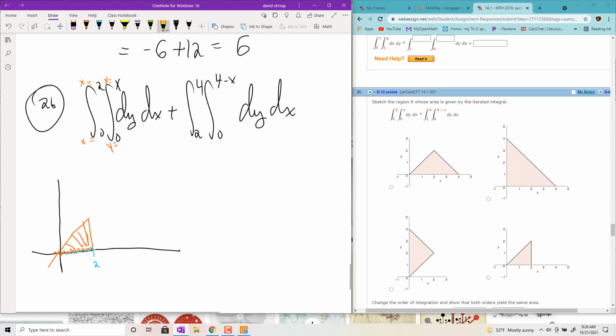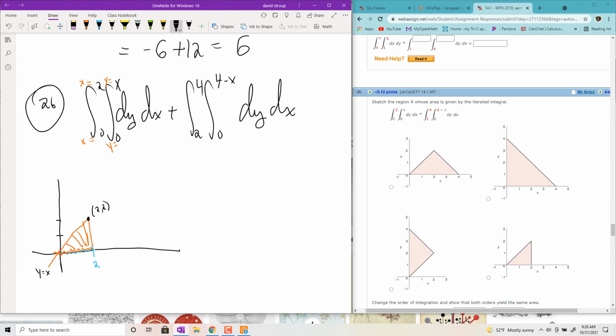Then the second integral, I'm going from y equals 0 to y equals 4 minus x. So the curve 4 minus x has an intercept at 4. So what is this point? If it's y equals x, that point has to be 2, 2, right? Because the curve is y equals x. So 4, so this is 1, 2.